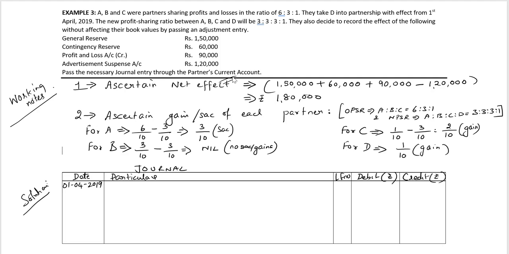So we have a positive net effect of rupees 1,80,000. So we need to debit the gaining partners and credit the sacrificing partner.